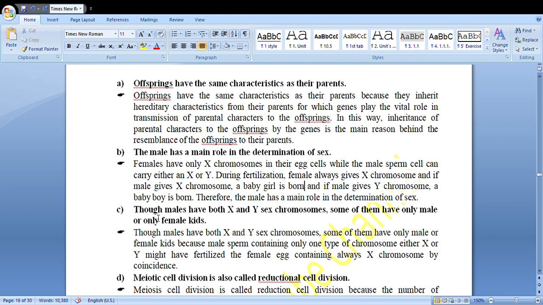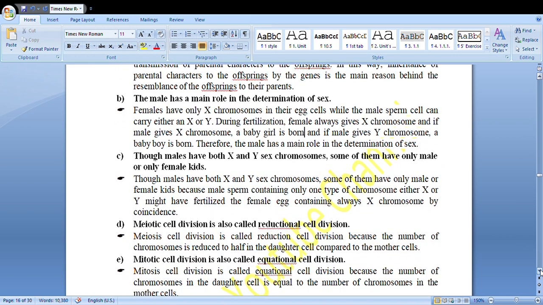Next question. Though males have both X and Y sex chromosomes, some of them have only male or only female kids. This is because a male sperm containing only one type of chromosome, either X or Y, might have fertilized the female egg containing always the X chromosome, by coincidence.